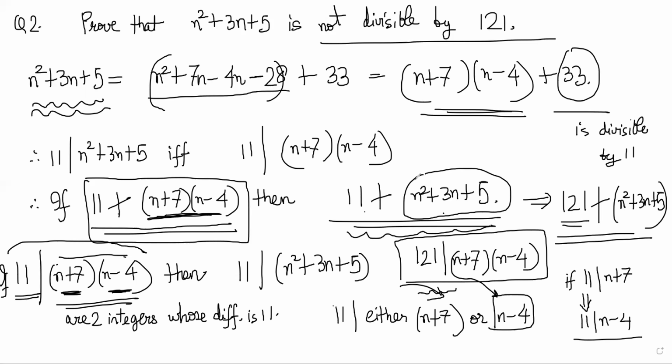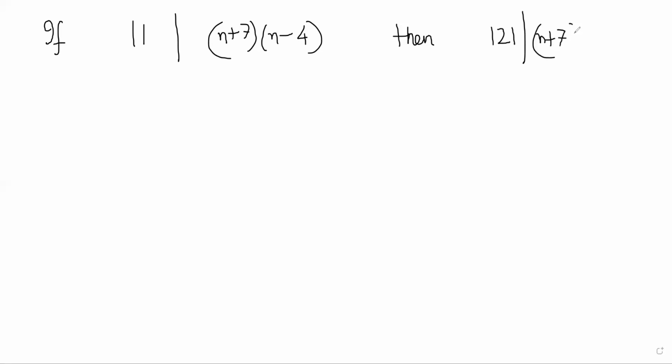And 121 divides this, but clearly 121 does not divide 33, right? So 121 cannot divide the whole expression. So basically the logic is this. If 11 divides n plus 7 n minus 4, then 121 divides n plus 7 n minus 4, but 121 does not divide 33.